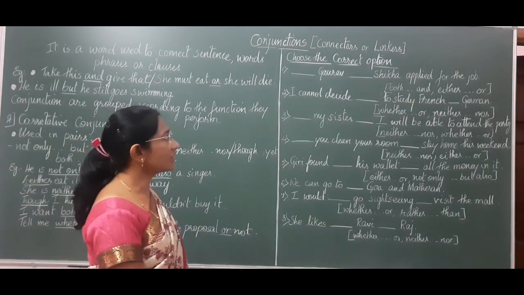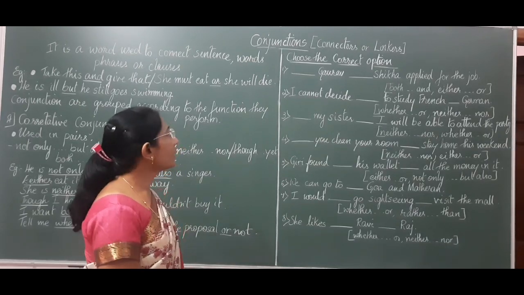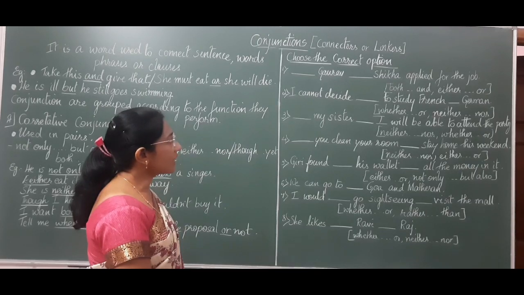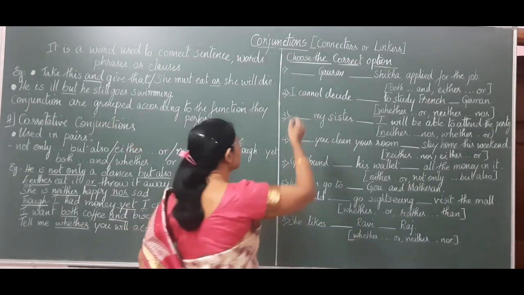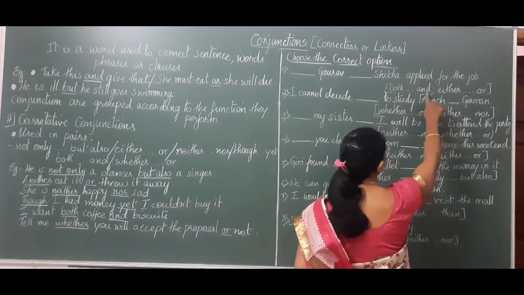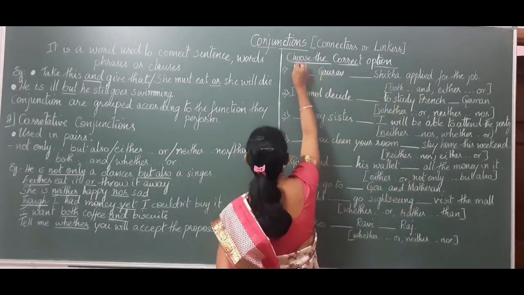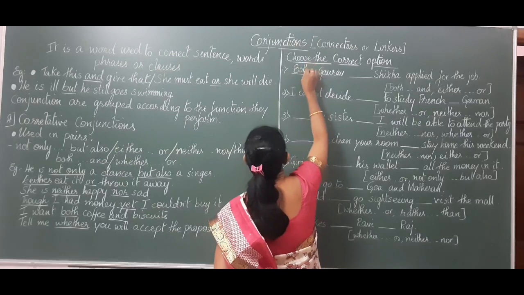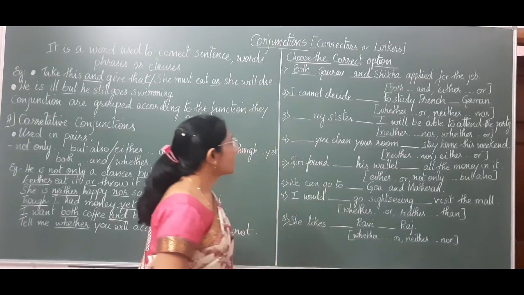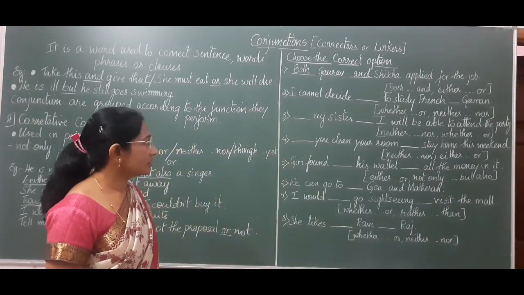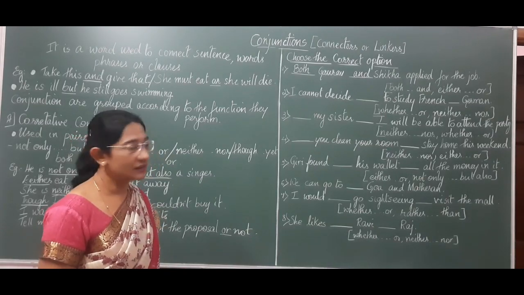Let's see the usage in the following exercise. Choose the correct option. Dash Gaurav dash Shika applied for a job. So here the proper word would be both and: both Gaurav and Shika. I cannot decide dash to study French dash German.